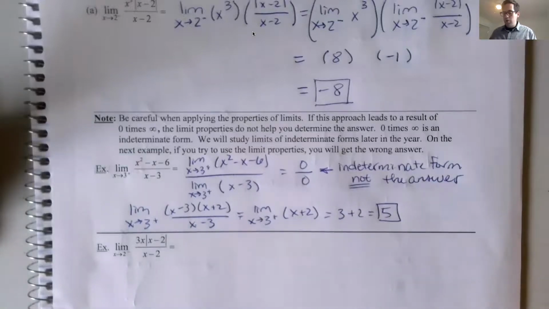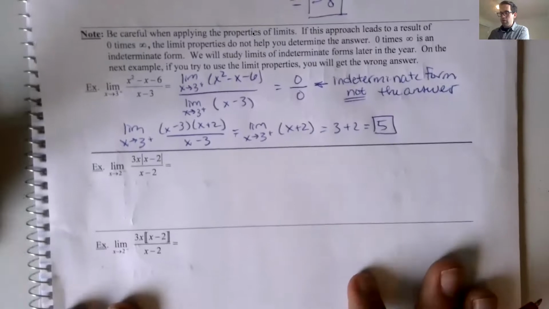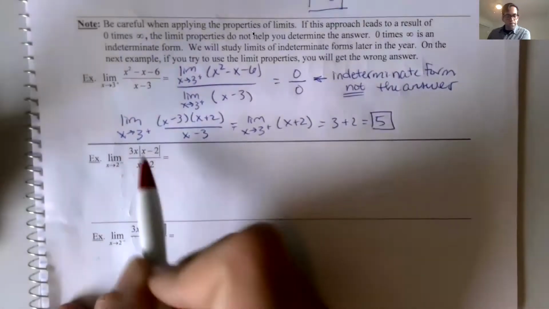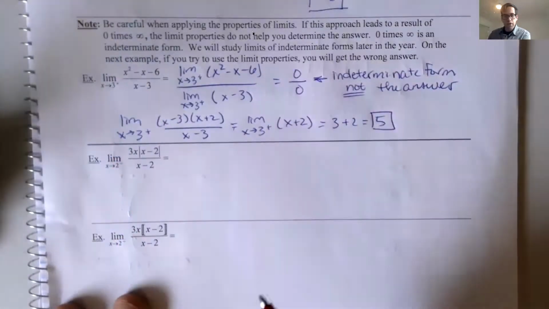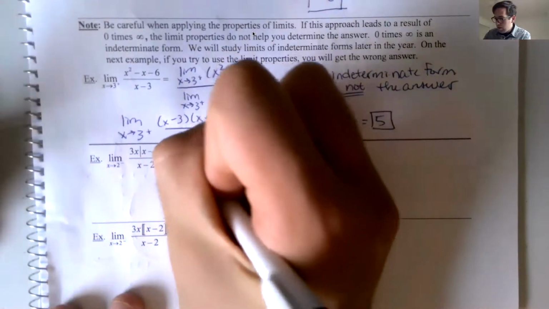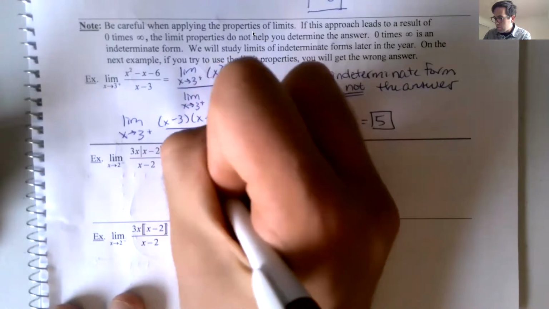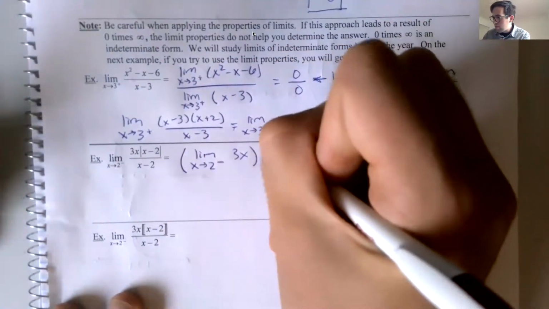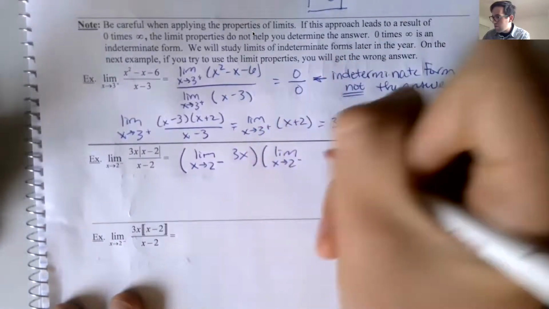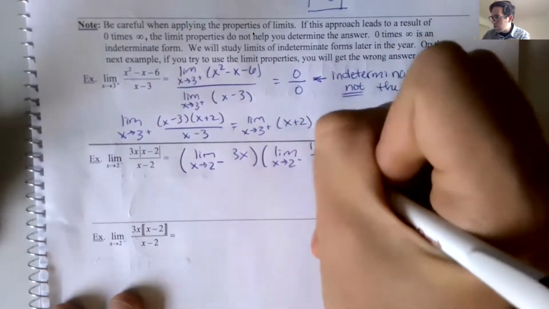Let's try 2 more examples. So in this next one, for this expression, we're going to split it like we did 2 examples ago. So it's going to be the limit as x approaches 2 from the left of 3x times the limit as x approaches 2 from the left of absolute value of x minus 2 over x minus 2.